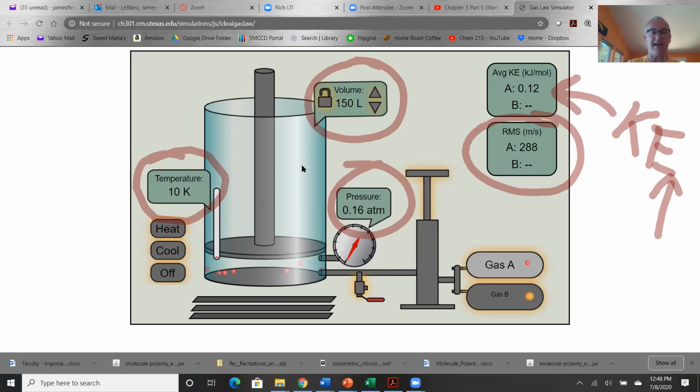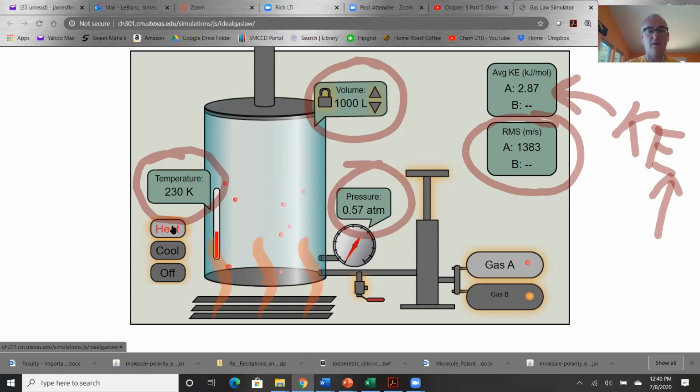So you can see as I increase the temperature, the speed of the molecules goes way up, and as the speed of the molecules goes up, my volume goes up. So for the first reaction, let's clear all this stuff off.